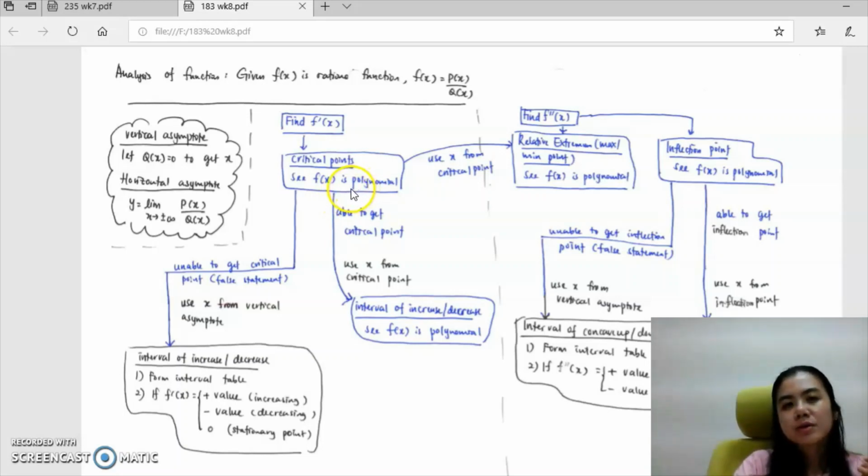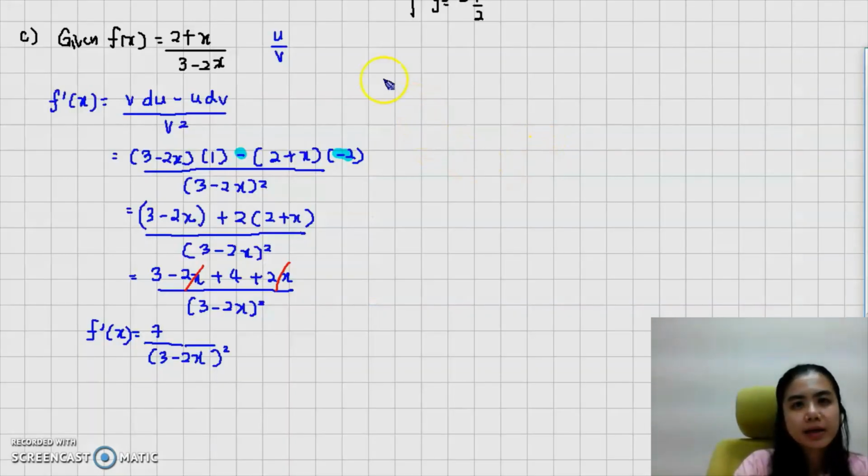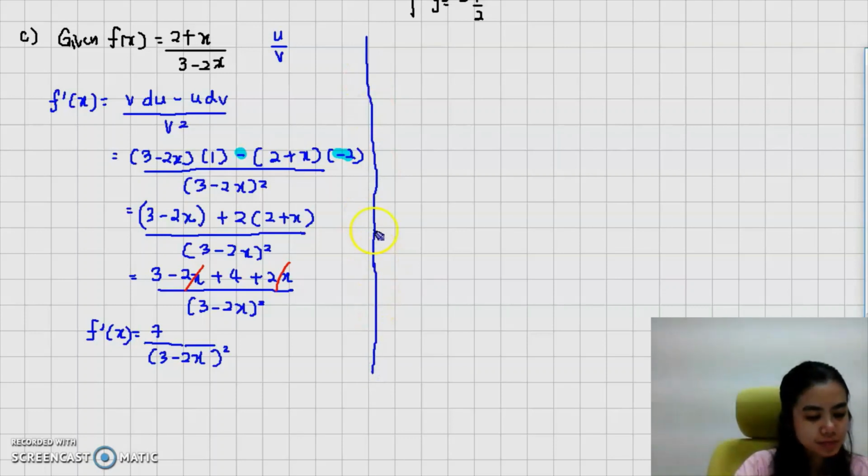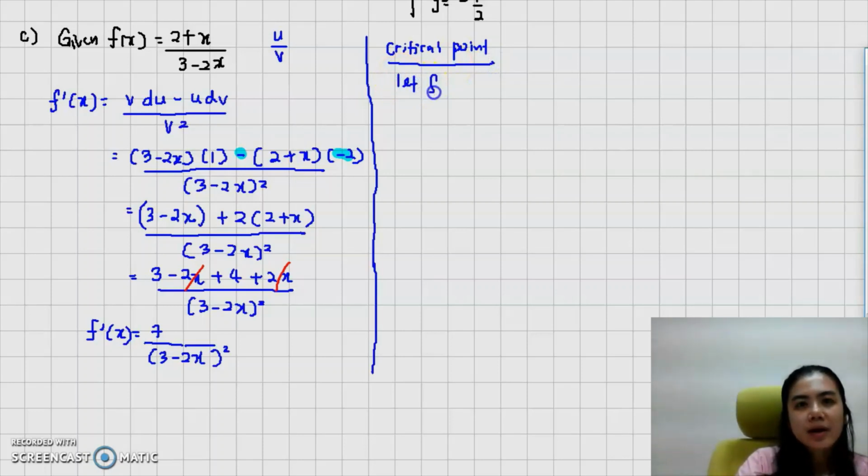I have shown you in the previous video, just refer back if you can't remember. If you still remember, the step to find a critical point is to let your f prime equal to 0. So you let this one equal to 0.